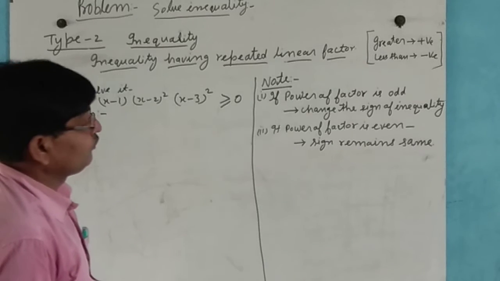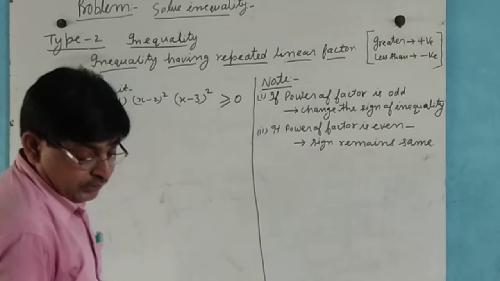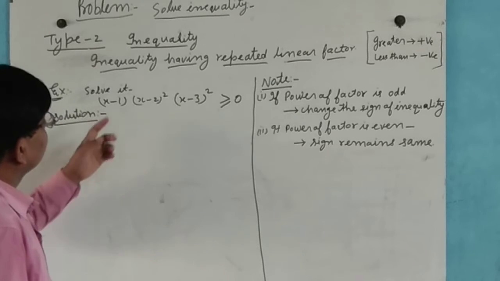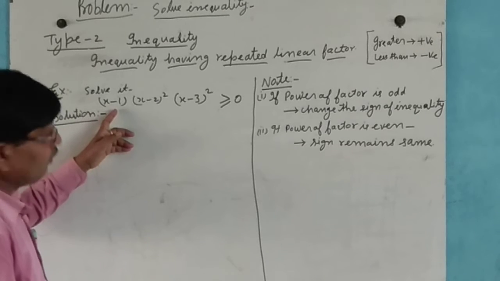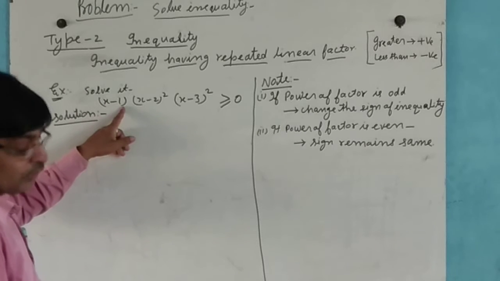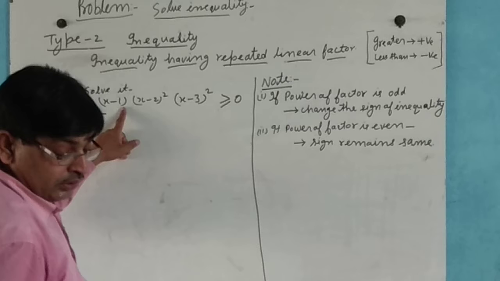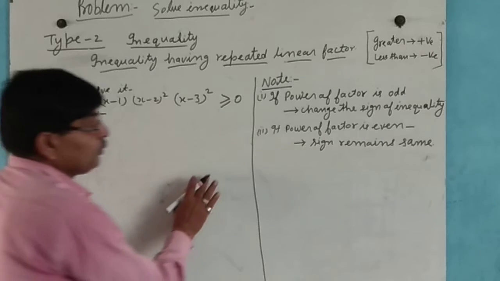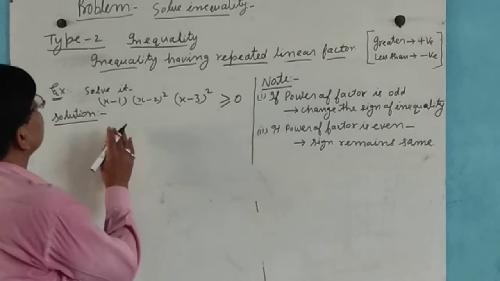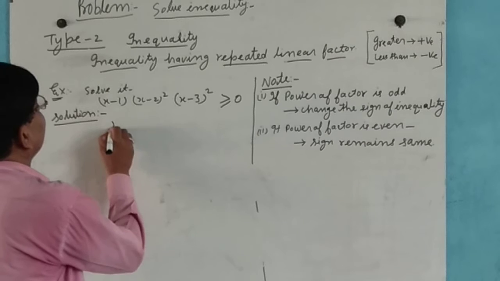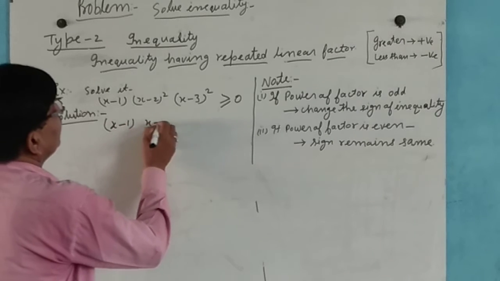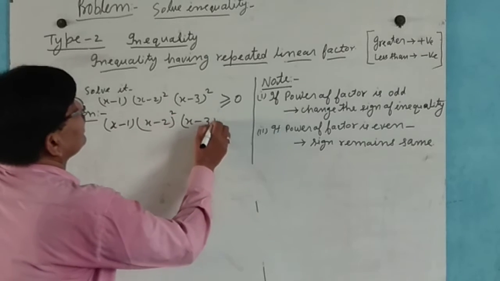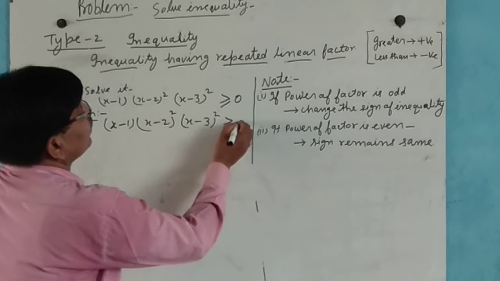First of all, now the solution: x minus 1, x minus 2 to the power 2, x minus 3 to the power 2 greater than or equal to 0.